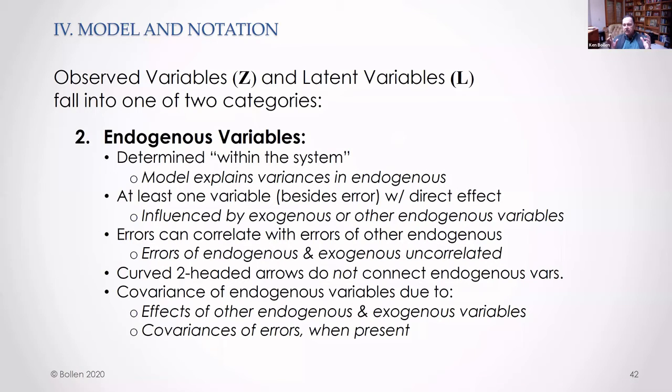Now, if we have two endogenous variables and they correlate with each other, quite often the reason they correlate is a common dependence on other variables. Could be other endogenous variables, could be other exogenous variables. And that statement raises another point: a given endogenous variable may be an explanatory variable in one equation, but a dependent variable in another equation. That is in contrast to the exogenous variable, which always appears as an explanatory variable. It never appears as a dependent variable.